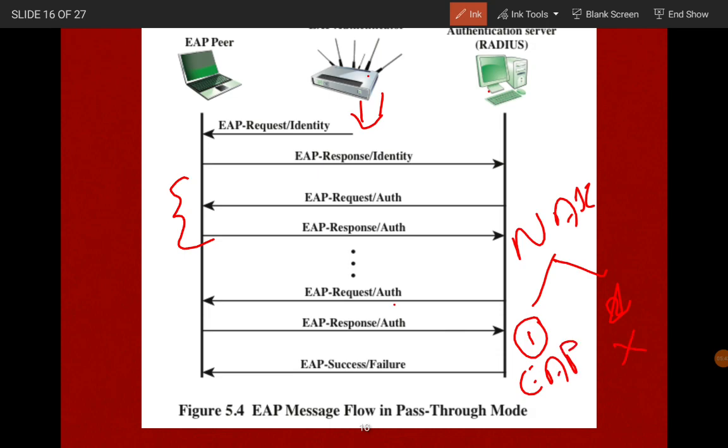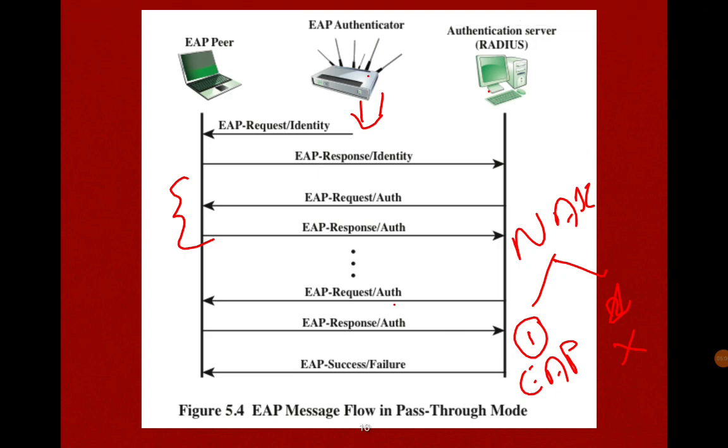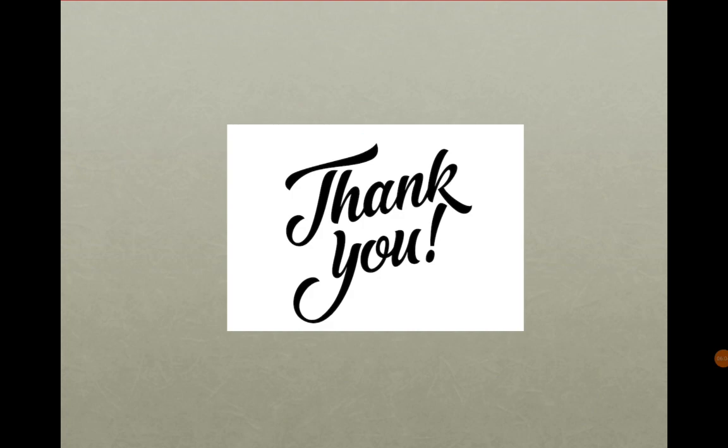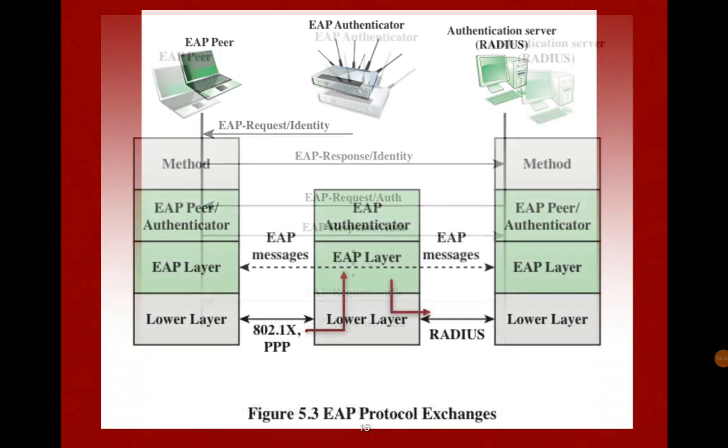In the EAP method, it again and again sends the request and gets the response after a sufficient number of exchanges. It may then indicate the success or failure of the authentication. So that's about EAP.